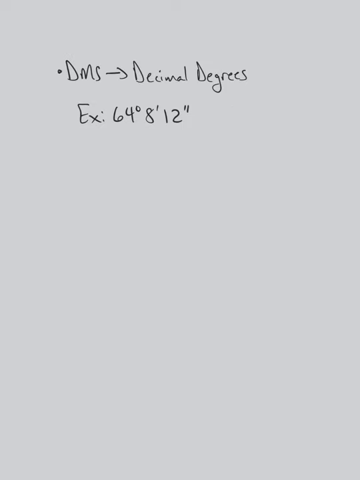Okay, so the easiest conversion for me to do, and we'll need this at times as we do some trigonometry with decimal angles, is if you have an angle in DMS, how do you get it into decimal degrees? You just got to remember the fractional parts of each one of these. First of all, decimal degrees, we're mostly just talking about the decimal part. And the decimal part comes from the minutes and seconds because those are parts that are smaller than 1 degree. So as far as the whole number goes in the decimal degree, it's going to be those 64.